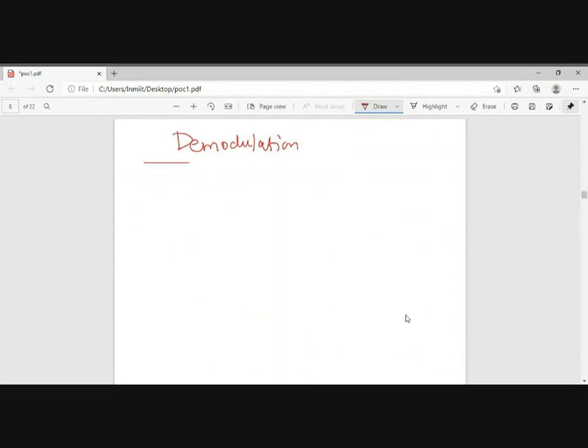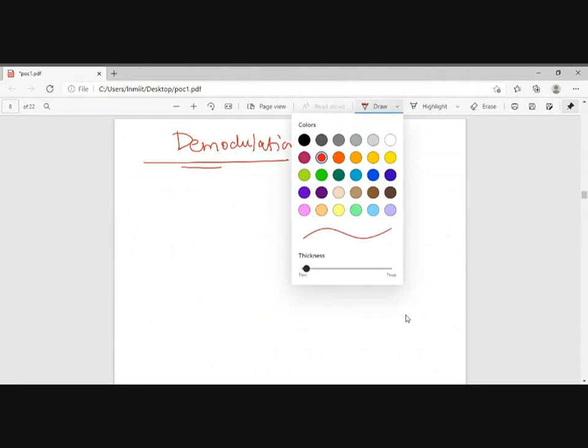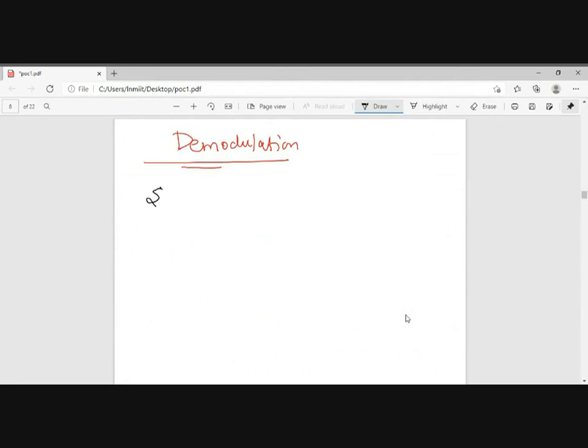Let's start with the demodulators because you are not having any queries. So I have started with demodulation or detection. The only topic available in your course for DSB-SC is synchronous detection, or coherent detection.